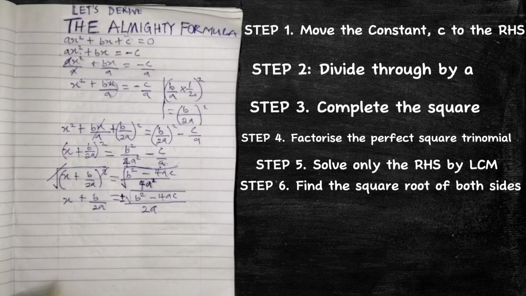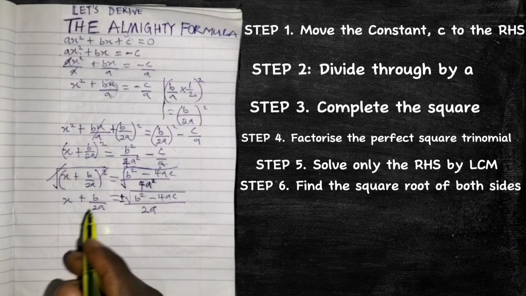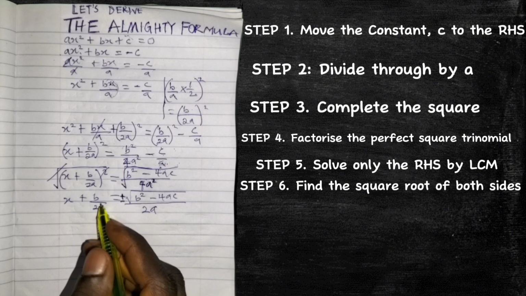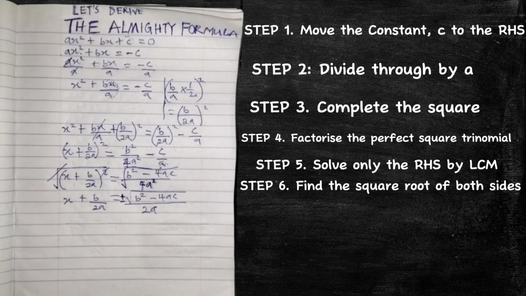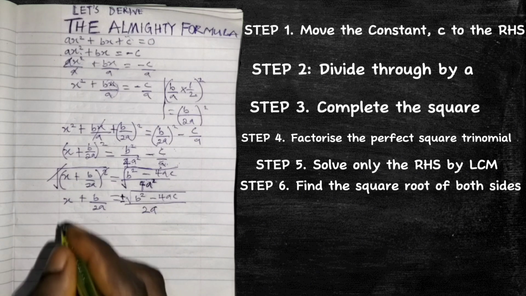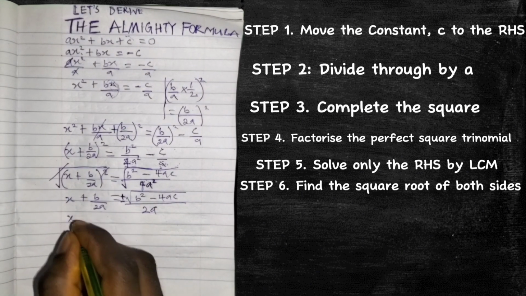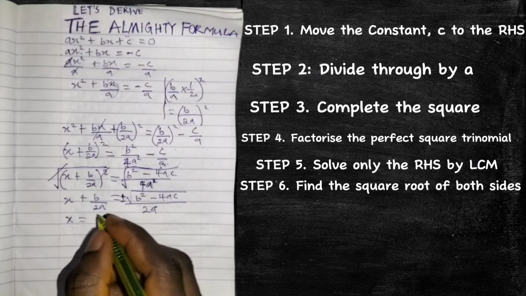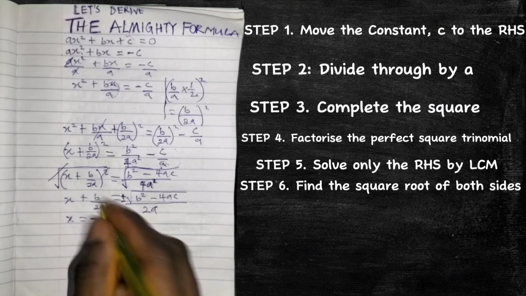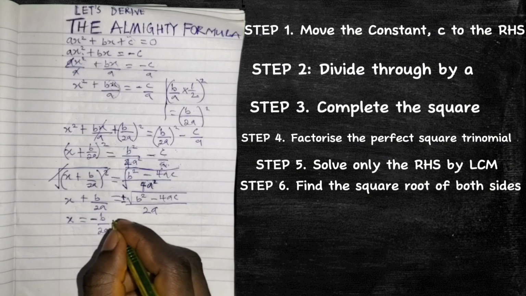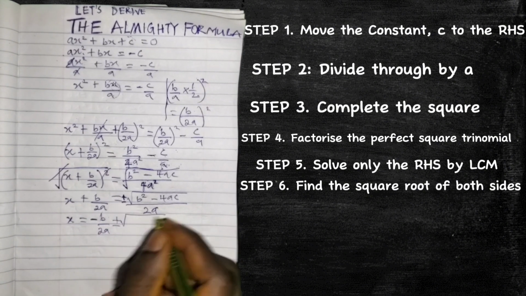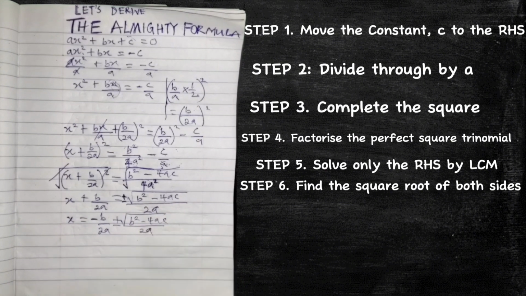At this point, plus b all over 2a will cross to this side and leave x alone. Remember, our goal is to make x the subject of the formula. So we'll finally have x is equal to, when plus crosses the equality sign it becomes minus, minus b all over 2a plus or minus square root of b squared minus 4ac all over 2a.